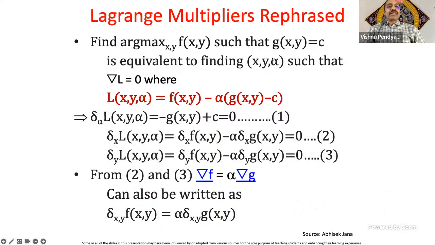So our goal is to find x, y, and alpha by optimizing. It could be a minimum or maximum, but we want to find the optimum value of this function subject to this constraint. So we need to determine x, y, and alpha, right?